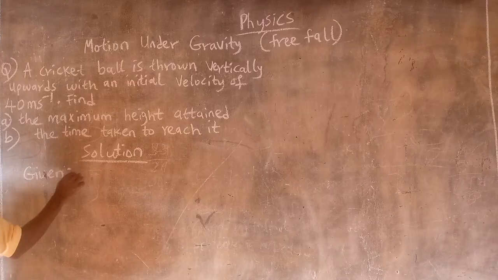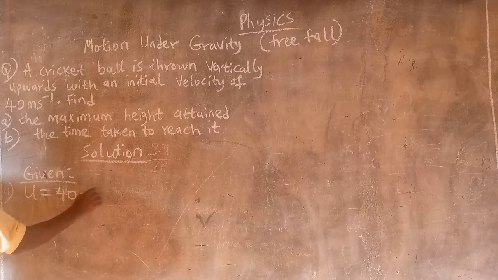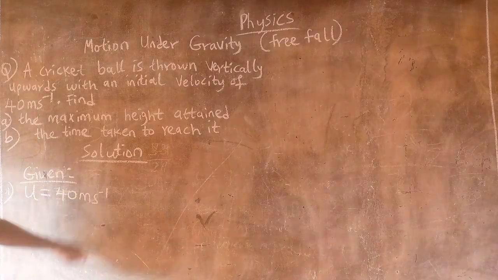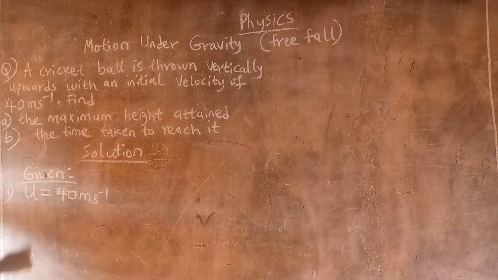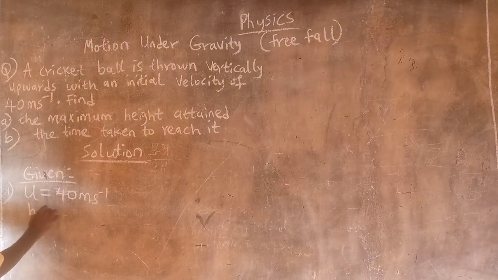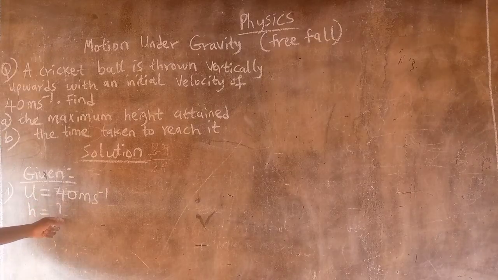So what are the parameters given? The first parameter given is the initial velocity, which is represented by the symbol U. So initial velocity of the cricket ball when thrown upwards is 40 meters per second. And then we are asked to calculate the height. Height attained by the cricket ball is question mark. That's the variable we are to calculate.